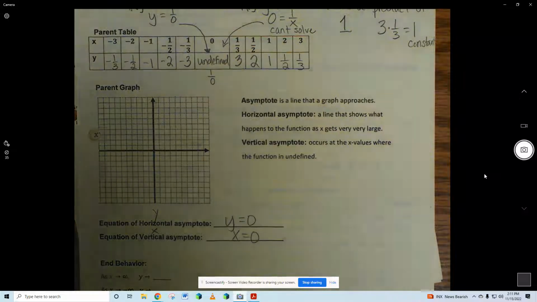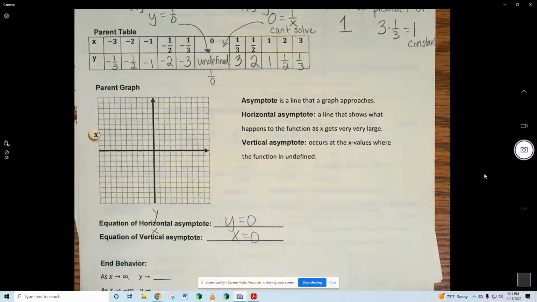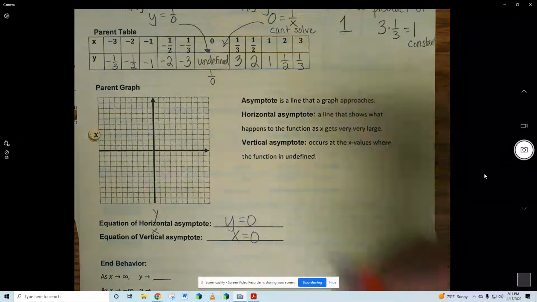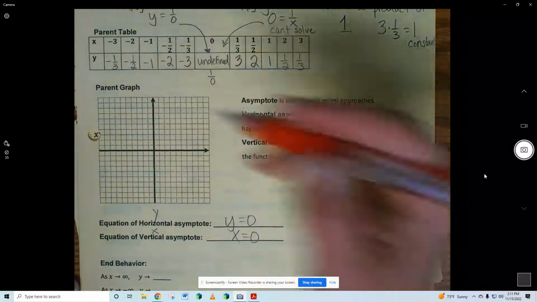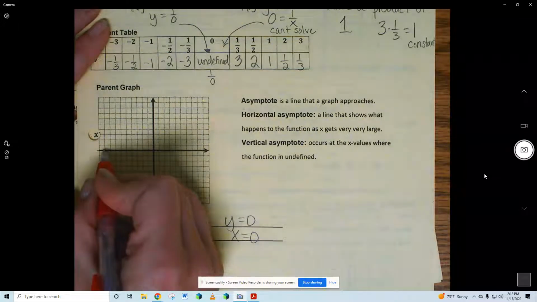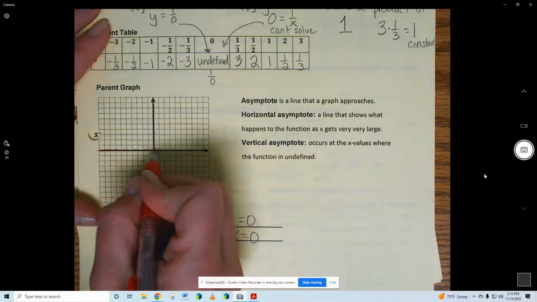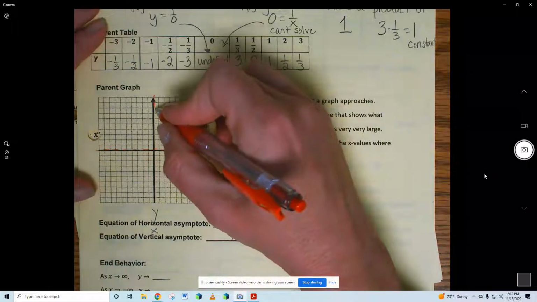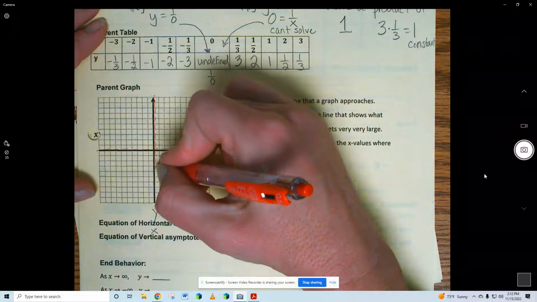I'll use a red pen again. Y equals 0. It's like this. I mean, it's on top of a black line, and x equals 0 is this. So it's really on top of the black line, right? You all get that?